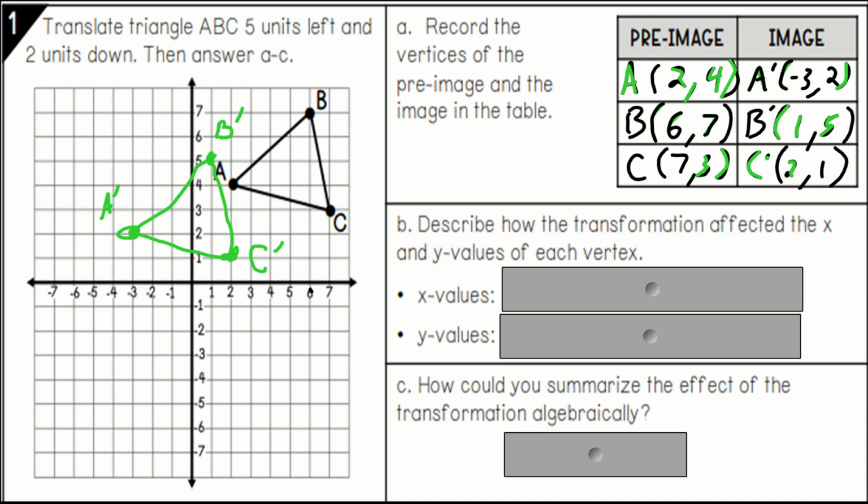It decreased by how many? 5. So our X values decreased by 5, like y'all said.